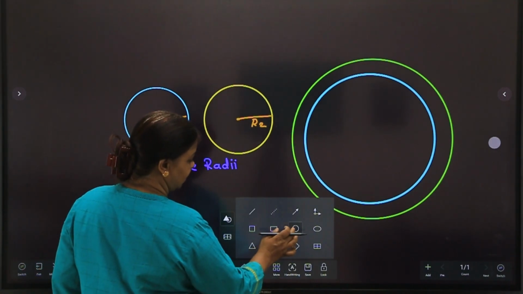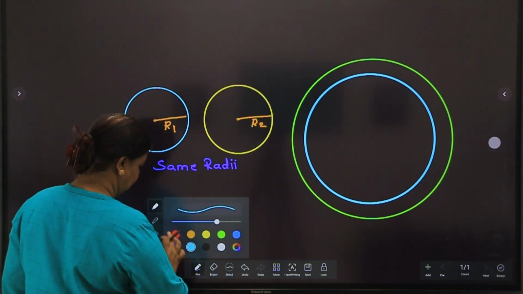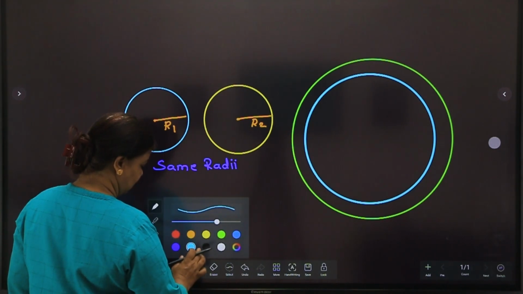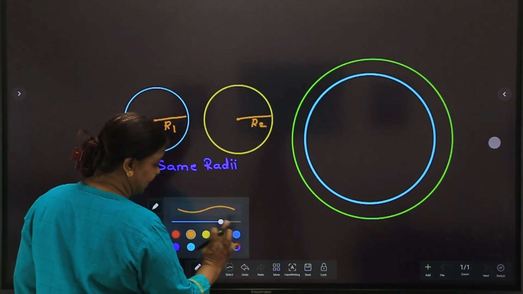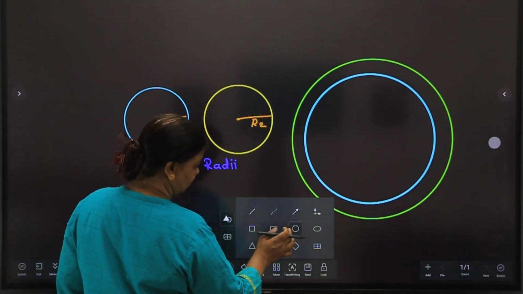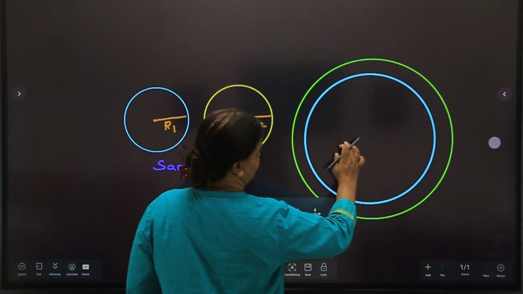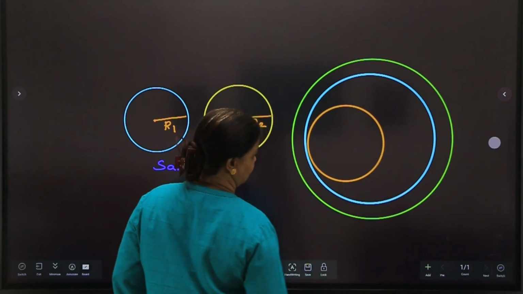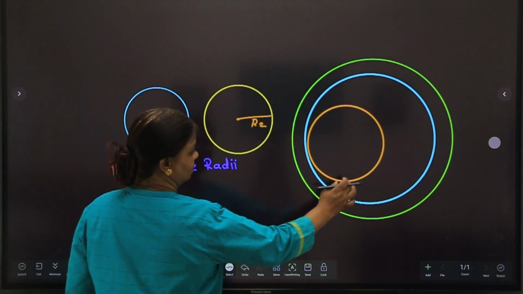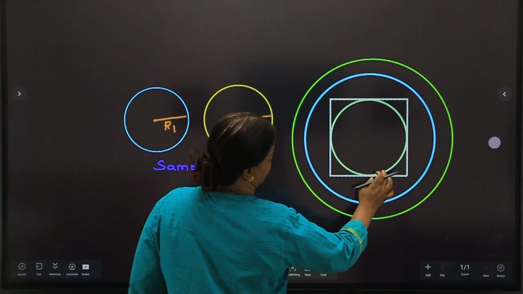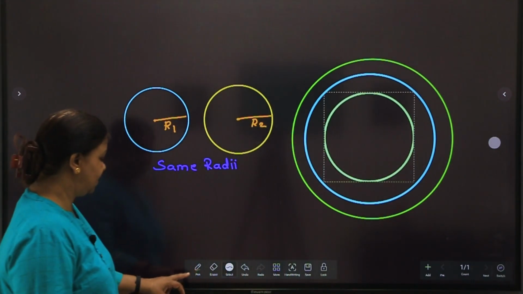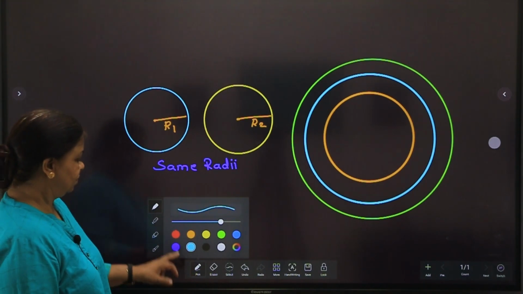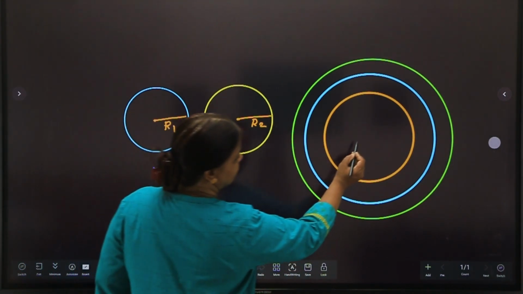The next circle which is yellow, a little thicker I am taking. All these three circles are with the same center, children.